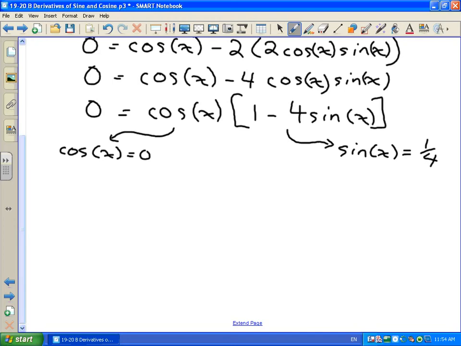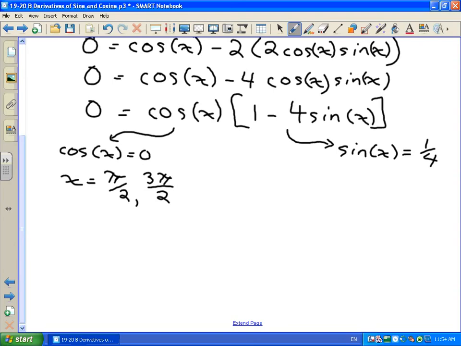Cos x equals 0 is pretty straightforward, because we can just think about what the graph of cos x looks like. Where does it reach 0? It reaches 0 at pi over 2 and 3 pi over 2. I know that I have to work in radians because in my original question, the domain was given to me in radians.